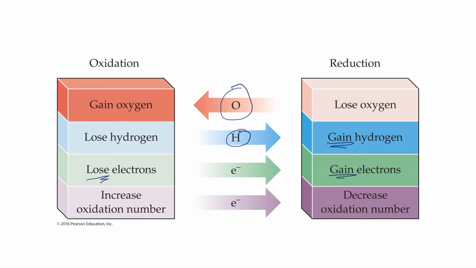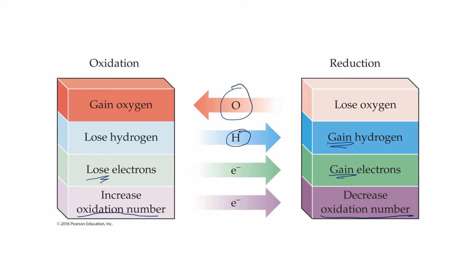Now, it can be difficult and time-consuming to try to go through and say draw Lewis structures or do something to keep track of all of those electrons and how they're being transferred. So there's a formalism we're going to introduce. It's called oxidation number, which is down here in this last row. And with oxidation number, there's going to be a set of rules for assigning the oxidation number to any element in a compound.